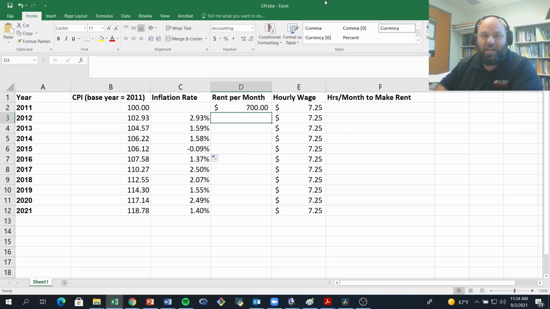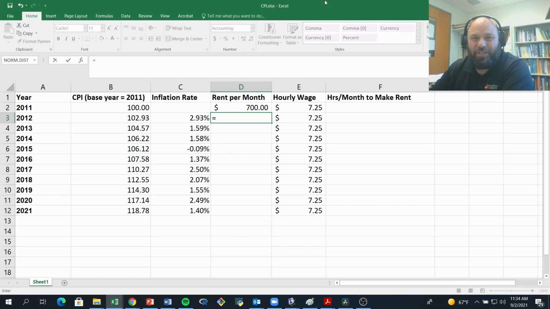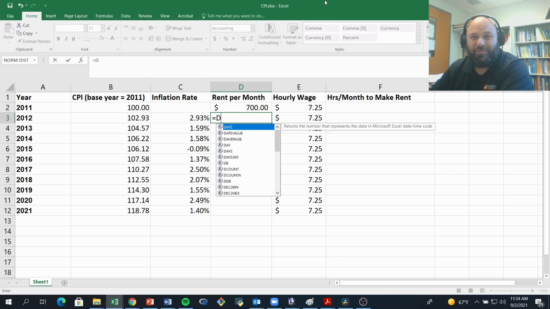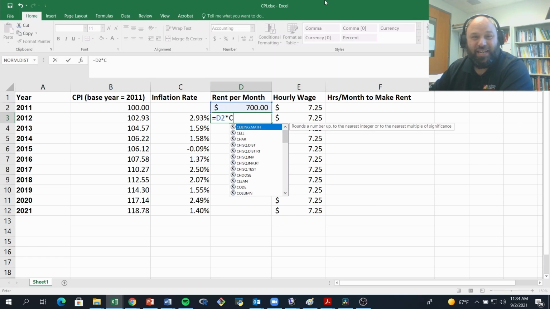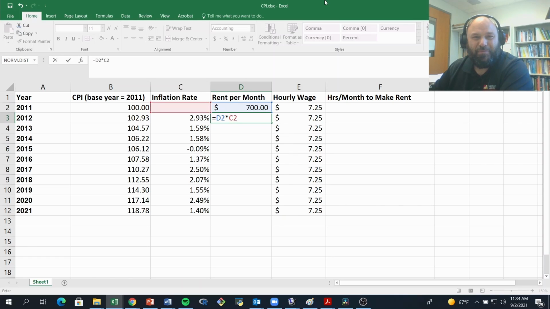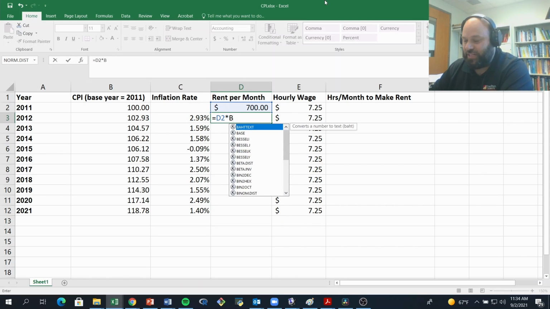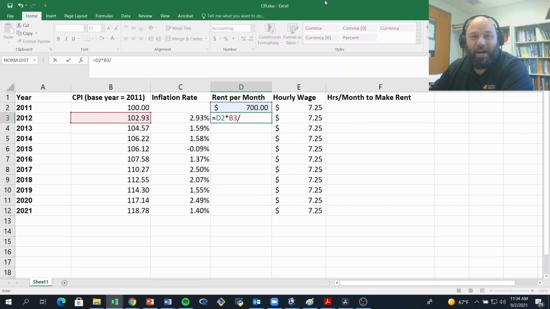So what we're going to do is adjust our rent for each year's CPIs. So what we'll do is we'll take the previous month's rent, which in this case is D2, multiply it by the top, this year's CPI, which is C3, B3, it's the inflation rate, divided by last year's CPI, which is B2.